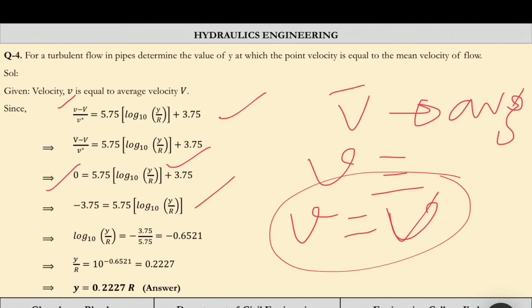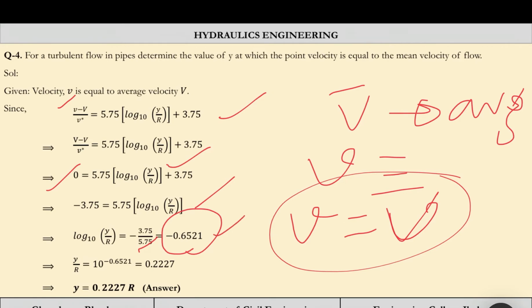So this will become minus 3.75 is equal to 5.75 log 10 y by r, and we will divide it, and we are having log 10 y by r is equal to minus 0.6521.